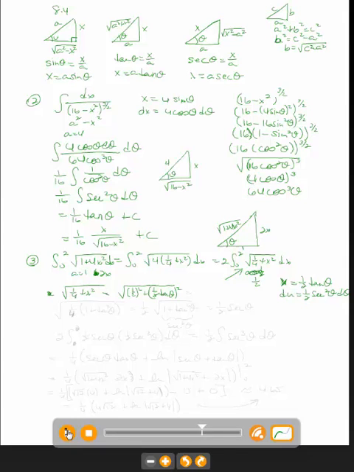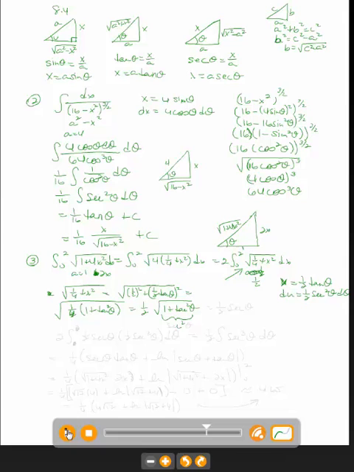Now if I pull out the 1/2, I get 1 squared plus tangent squared of theta, and the square root of 1/4. Square root of 1/4 is the 1/2 outside, square root of 1 plus tangent squared of theta.